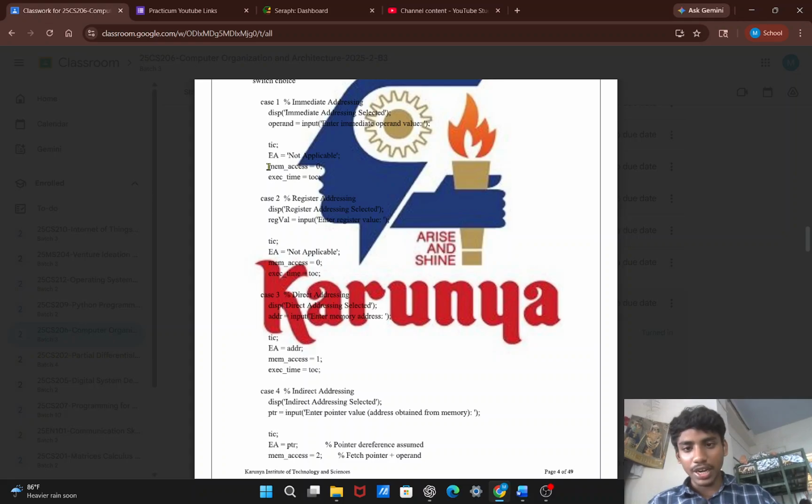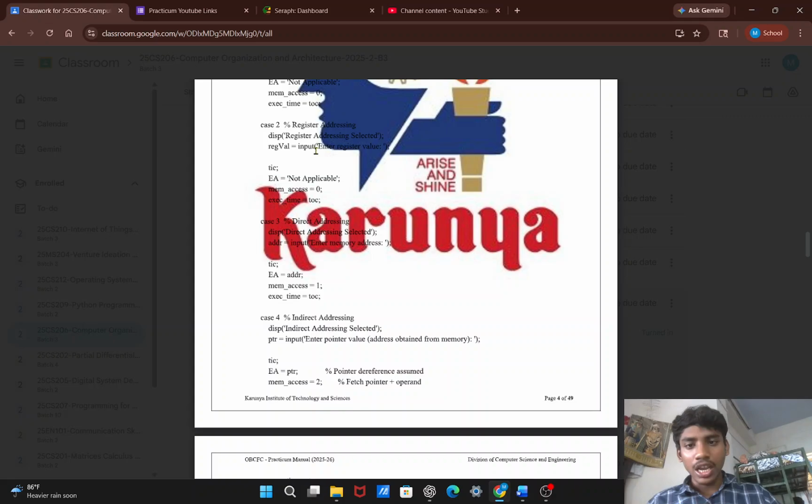As it is immediate addressing, the effective address is not applicable, and the memory access is also not needed, but the time is started and the time is completed here. Tick and tock. Then register addressing, a register value is asked here, but effective addressing is not needed, and memory access is also not needed, as this requires no memory.